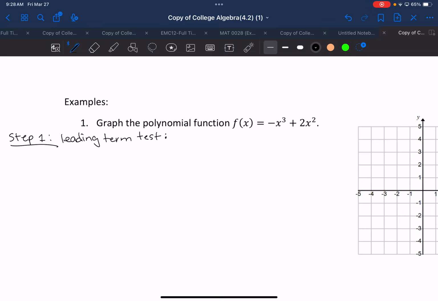So what is my leading term? That's my degree. But what's the entire leading term? Negative x cubed, the entire thing with the exponent of 3.